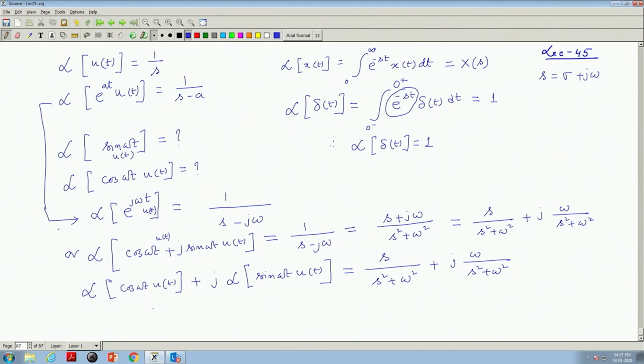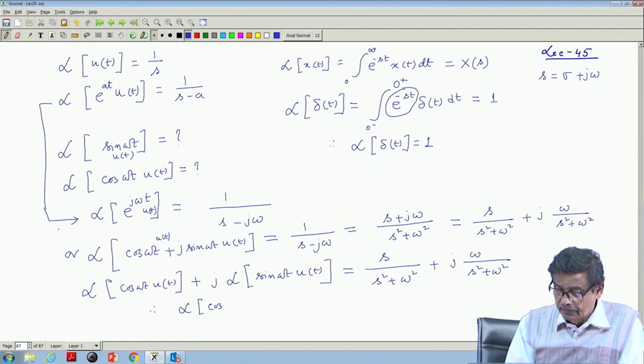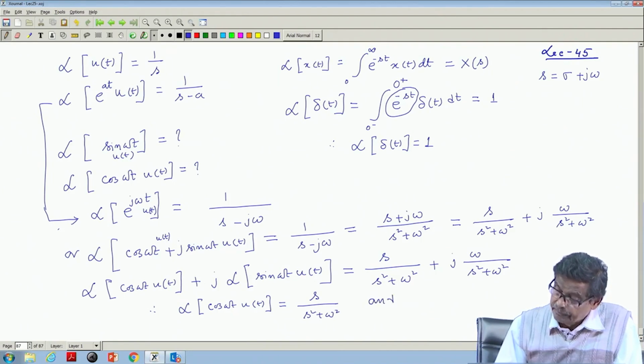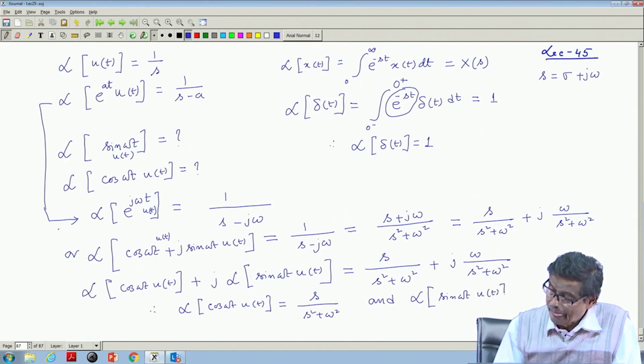Therefore, equating the real parts, the Laplace transform of cosine omega t into u(t) is nothing but s by s square plus omega square, and the Laplace transform of sin omega t u(t) is nothing but omega by s square plus omega square.